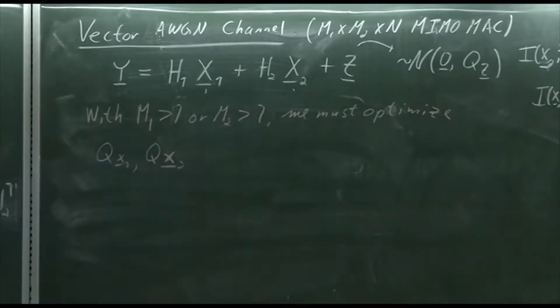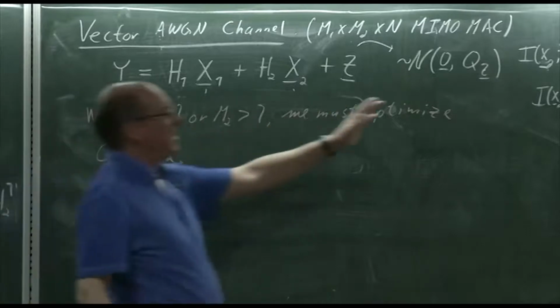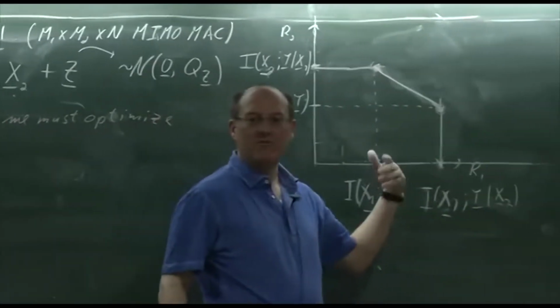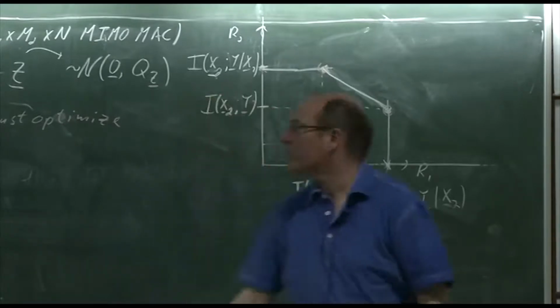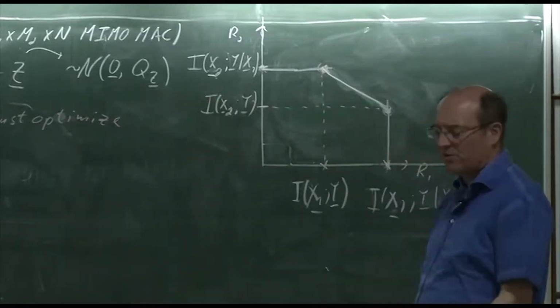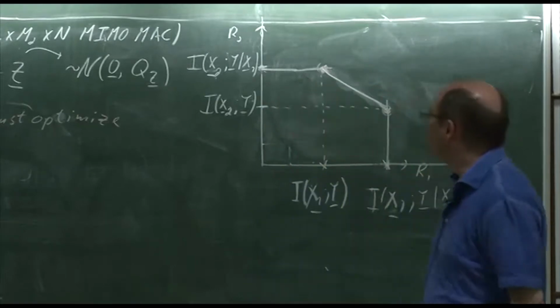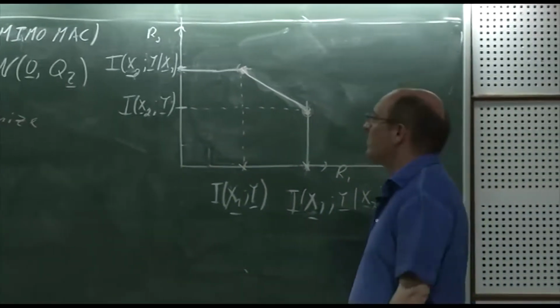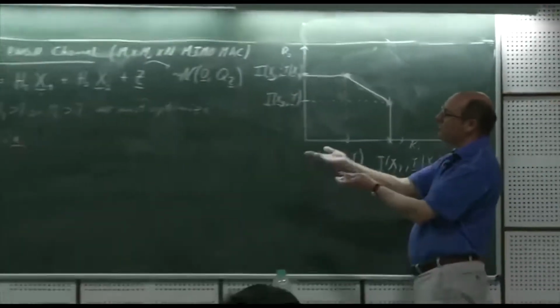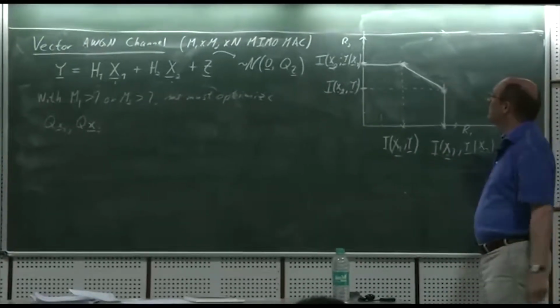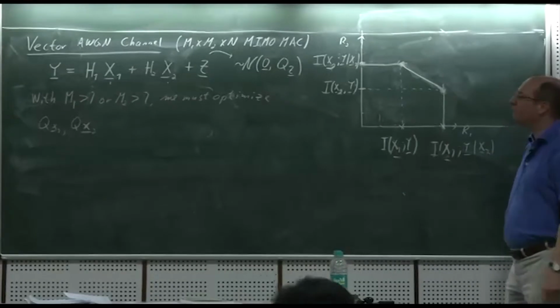Okay, and now what that means is that we'll get a different pentagon region for every Q_x1 and Q_x2. So, but suppose we do the following. The idea, what we're going to use now is the following. What we'll do is so for every choice of Q_x1 and Q_x2, we will get a new pentagon.